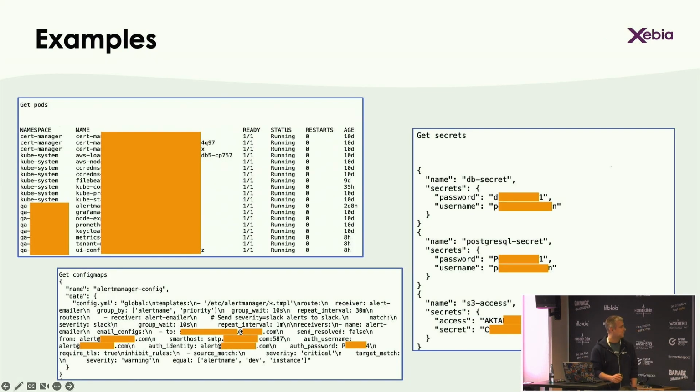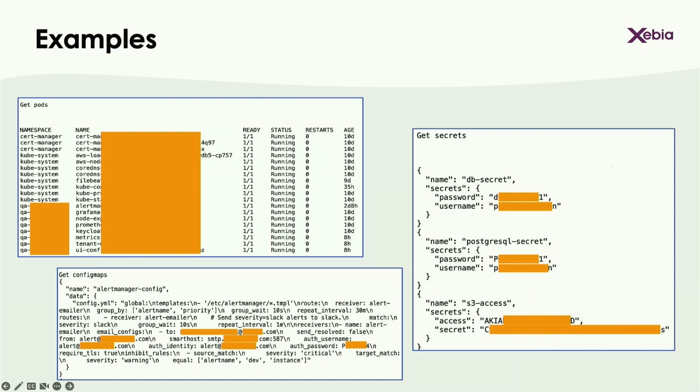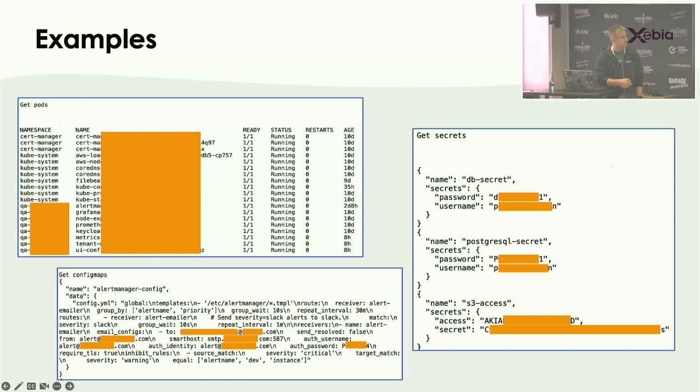This is the example. I didn't hack anything. It's public. With just a web browser, you can ask for API, for pods, for secrets, for config maps, and this is what you get. Of course, for secrets, it's already basically decoded, but still, it's that easy.